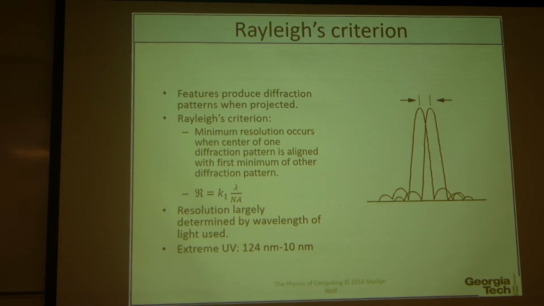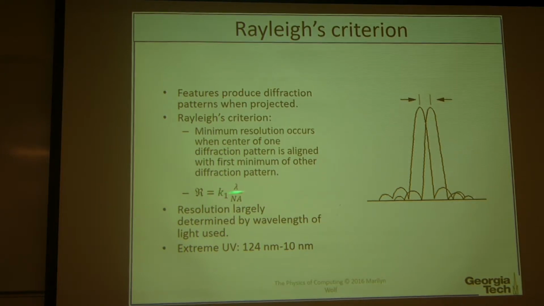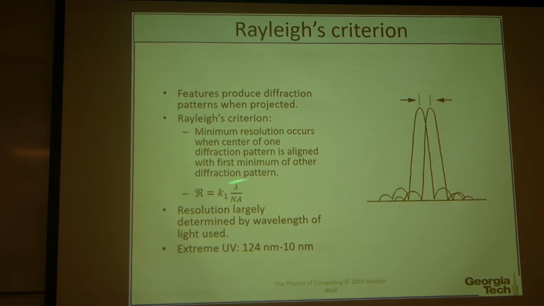Using this Rayleigh's criterion, which explains that the diffracted patterns here, the top peak, the first peak, and the first minimum are matched in the first place. At that point we compute the resolution, which is equivalent to some constant times lambda, which is the wavelength here, divided by numerical aperture.